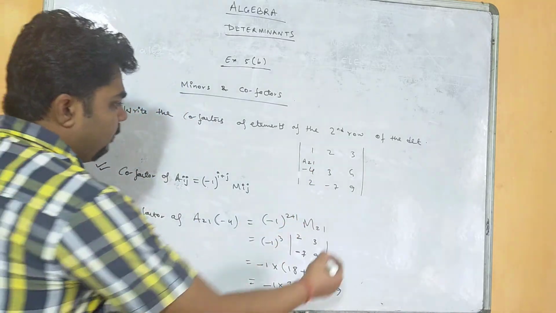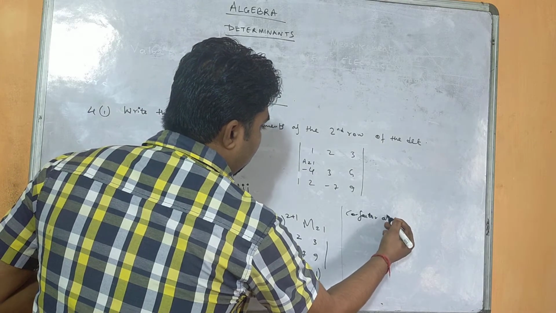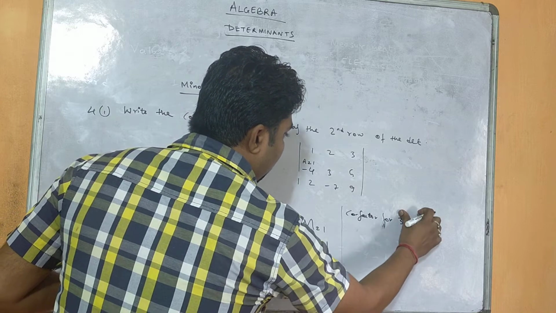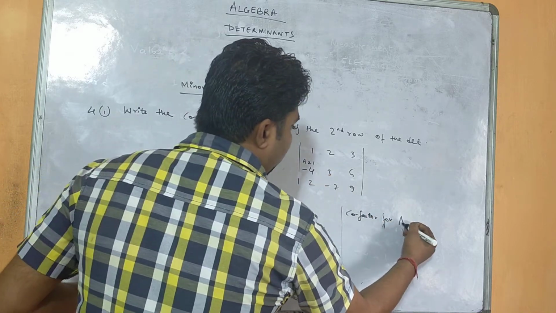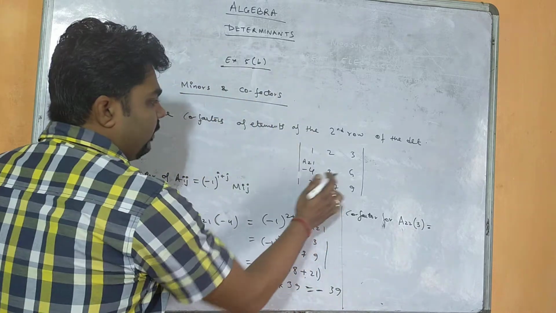Next we will find the cofactor for 3. What is this position here? A22, that is 3.